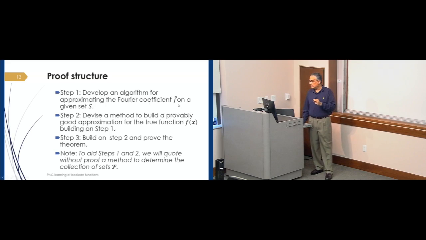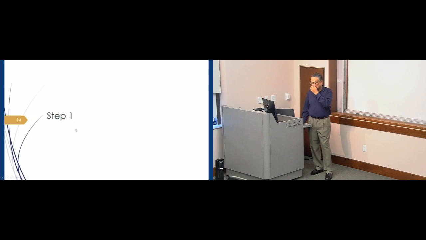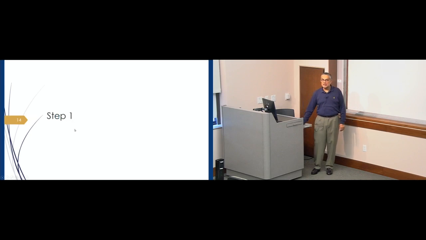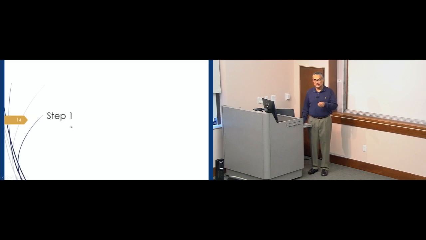So now I'm talking about an algorithm for computing f tilde. And then what we would do is a method to build a provably good approximation for the true function f(x) building on step 1, and build on these 2 steps to say that the running time of the algorithm is in fact within the bounds that we want, and therefore we prove the theorem. So this algorithm will be proved, as I said, in stages through step 1, step 2, and step 3.